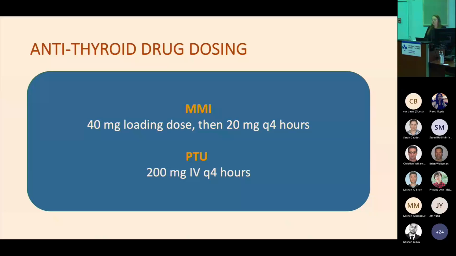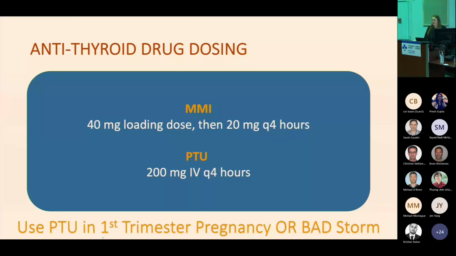For those who are not studying for the exam, EPIC has this as a whole set for you. And just remember, if you are first trimester pregnancy or you have a really bad storm, you should actually consider using PTU despite the guidelines stating that MMI is your first line at present.